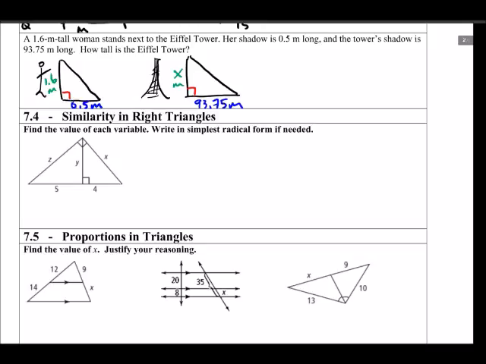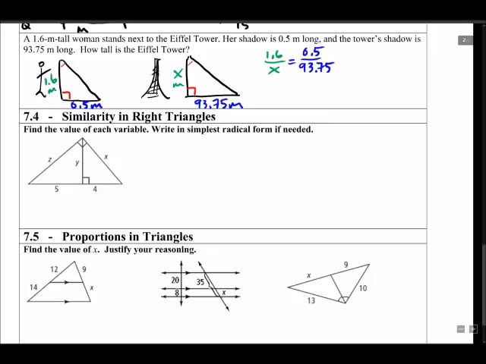These are similar triangles. Because the sun is shining down and casting a shadow, we'll have a congruent angle up here. Similar triangles, and we can write a proportion. So we compare 1.6 is to x as 0.5 is to 93.75.